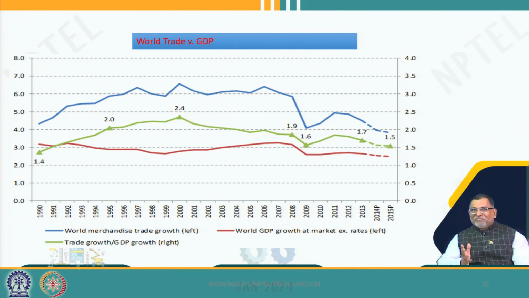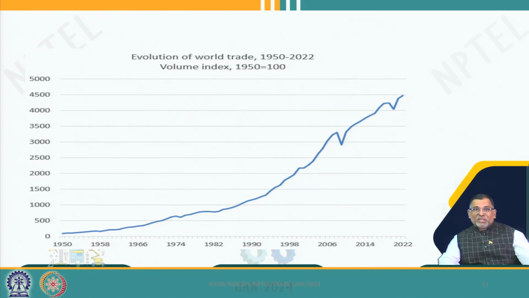So, this world trade versus GDP is again a misnomer. Trade is increasing and there is substantial growth, but the world GDP growth rate is not as good as that of the mercantile trade. The mercantile trade is again increasing.